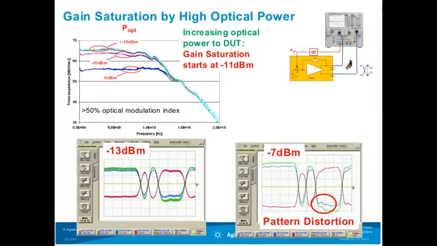Here you see an example where at small input powers you have a very large transimpedance, but as you increase the input power above minus 11 dBm, the saturation begins to start. And the saturation can be seen not only in the small signal response, but also in pattern distortions in the time domain eye diagram analysis.